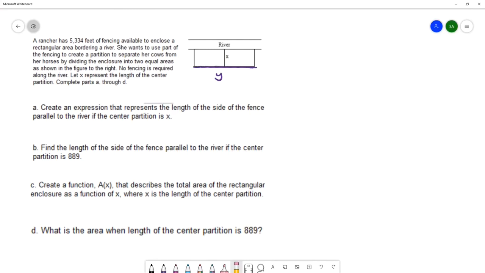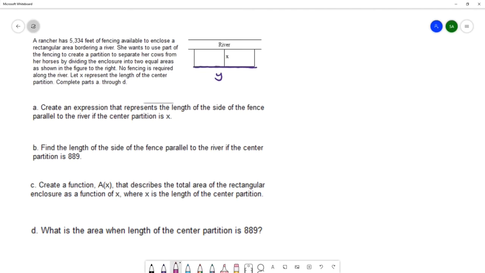So when we are trying to do this part A, which is to find the length of this side here, we are going to use something that is similar to perimeter. Now we have perimeter formulas for rectangles, but this has a little bit extra to consider because we're not going to use the side along the river.